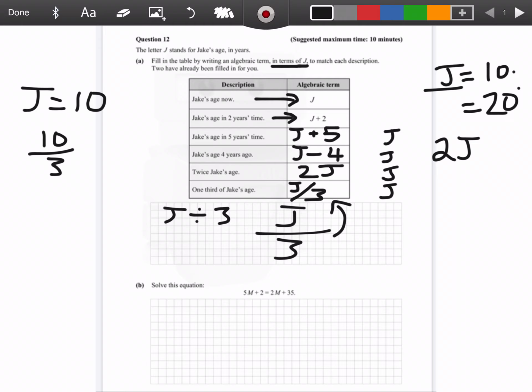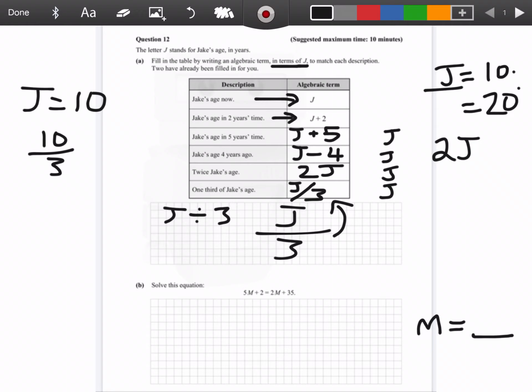Part B says to solve the equation. Nice and simple. I've got 5m plus 2 is equal to 2m plus 35. So what I want to know is what m is. So at the end, I want to have m equals a number. And we are going to bring the m's to the left-hand side and the numbers to the right-hand side.